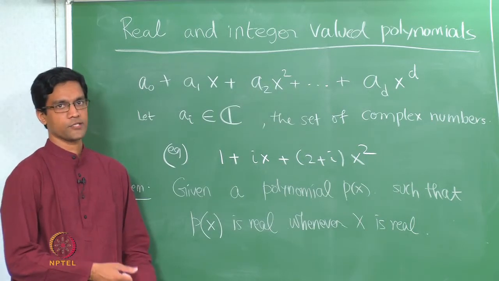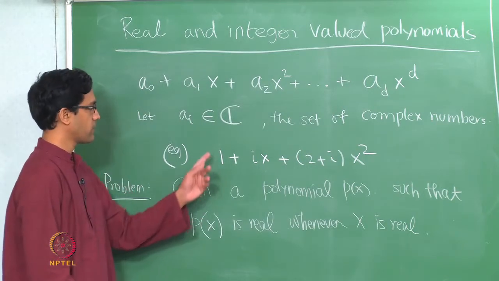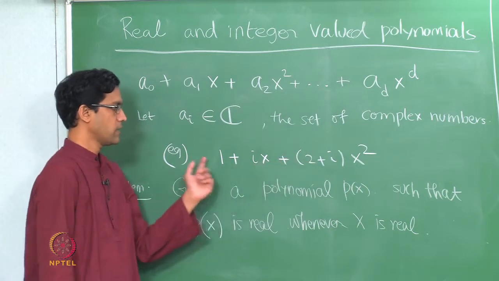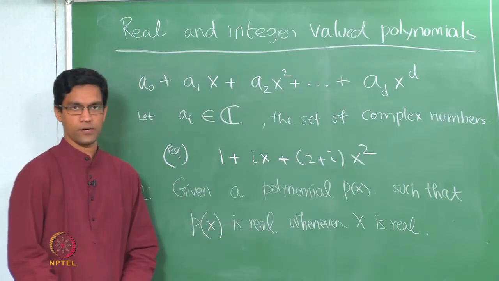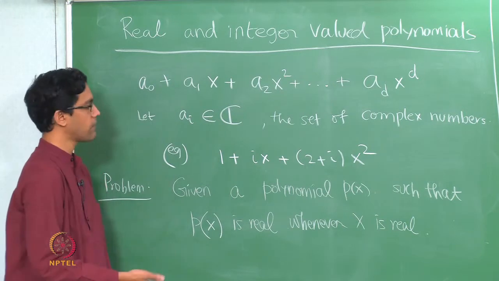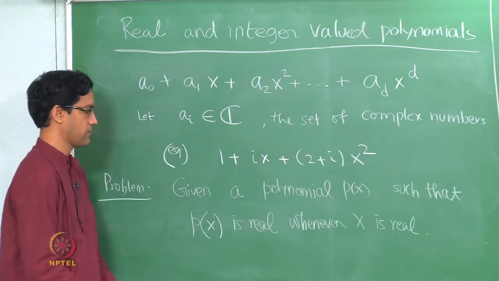So I want to look at a polynomial which has the property that whenever I plug in a real number x, the answer p of x is also a real number. This is what I want to call real valued polynomials. They take real values on real numbers.